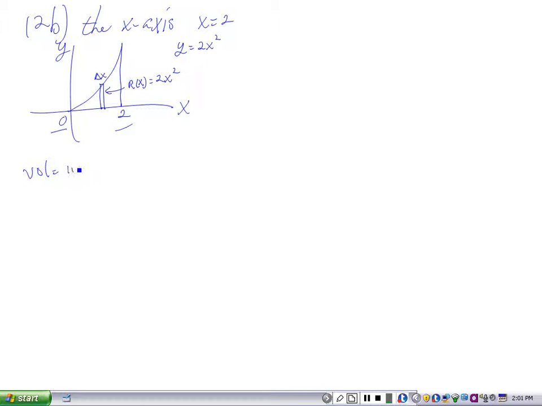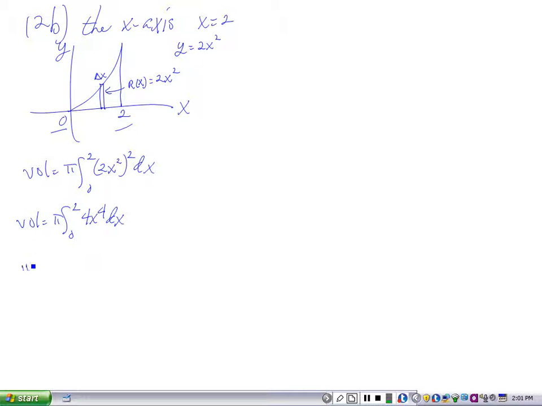So the volume is pi times the integral from 0 to 2. Here's just the radius squared, so I get 2x squared, all to be squared dx. So my volume is pi times the integral from 0 to 2. Simplify that, 4x to the 4th dx.